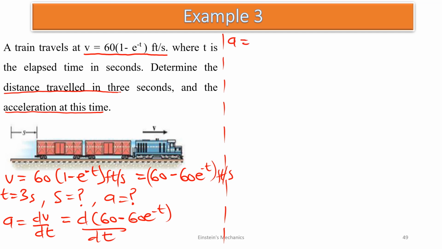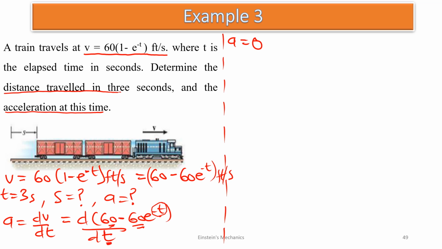If you differentiate the 60 here, it is a constant, so that is going to be 0. And to differentiate the exponential function, we first differentiate the exponent, the top.